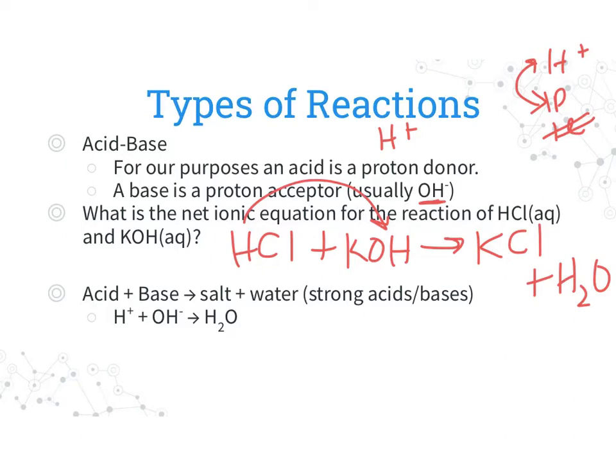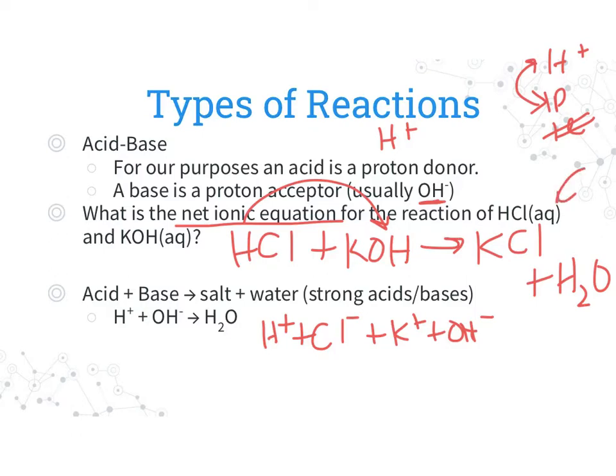Now, if we're looking at just the net ionic equation, then spectators are not going to react. So if we think about what this looks like as a complete ionic equation, it's H plus and Cl minus plus K plus and OH minus, because they're in water already. We're assuming in these cases that we're starting with an acid and base that's already dissolved in water.